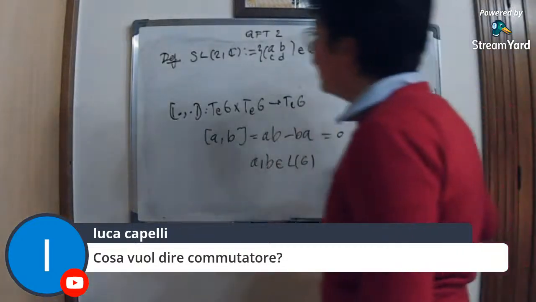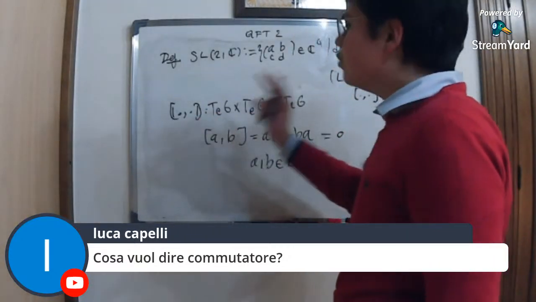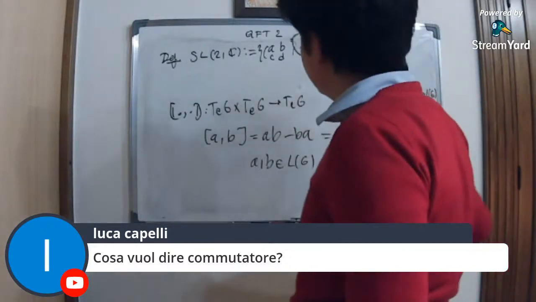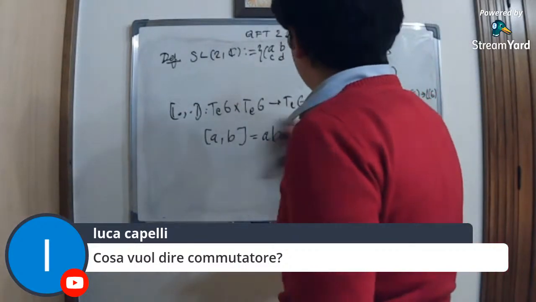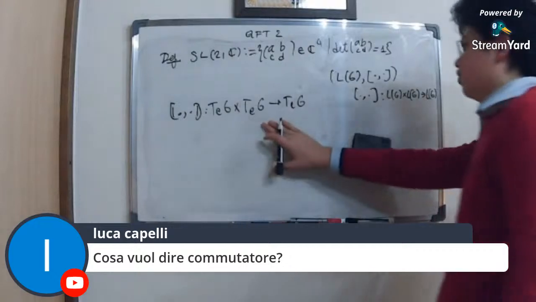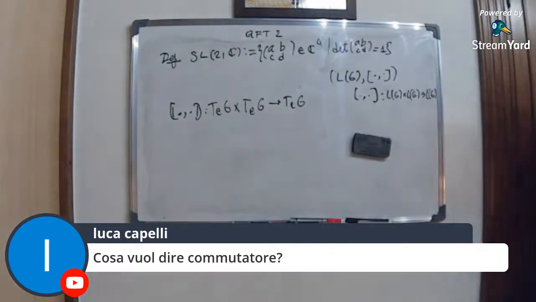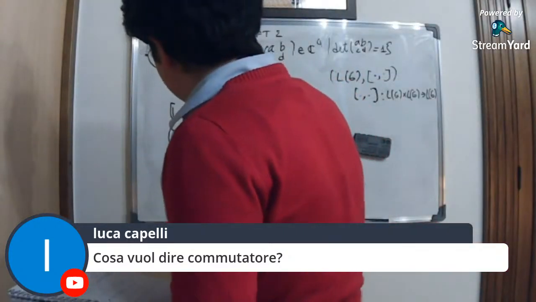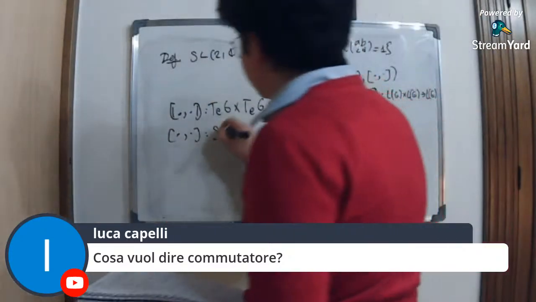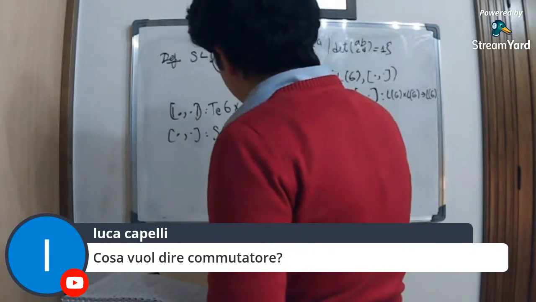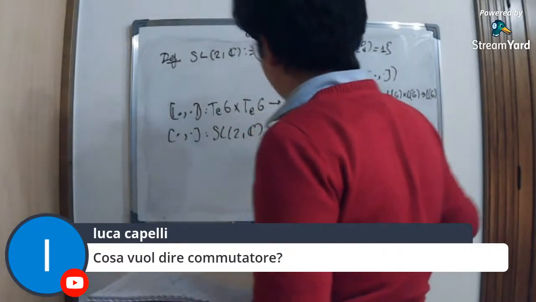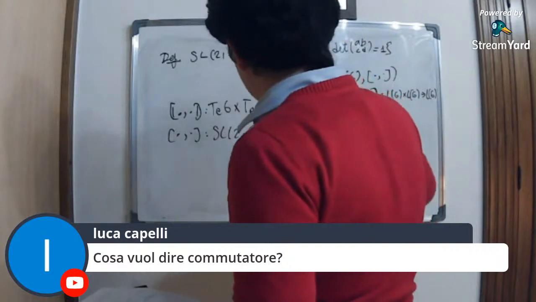So now, I have two different kinds of commutator. This commutator here is a function from TG times TG to TG, and then I have this other commutator, a function from SL2C times SL2C to SL2C, of course the Lie algebra.